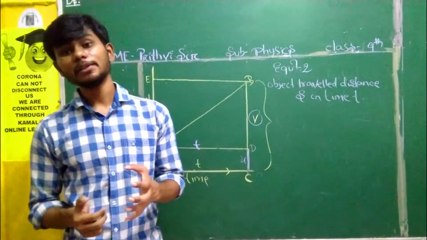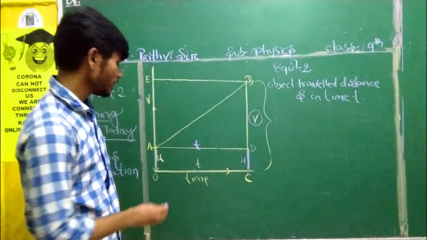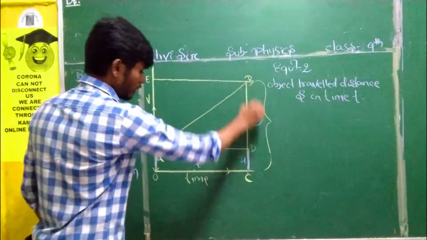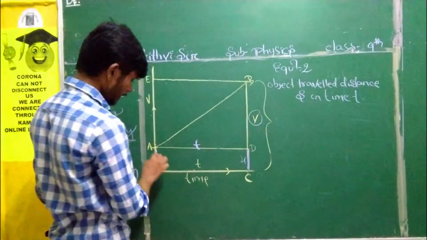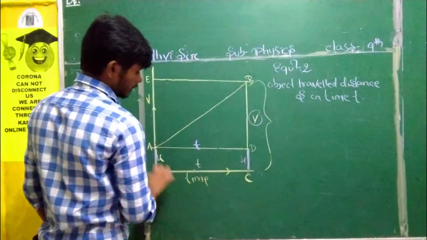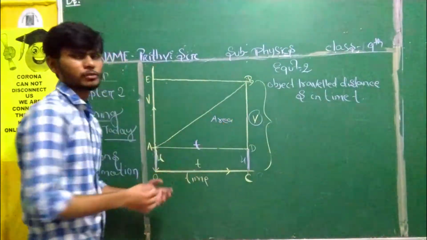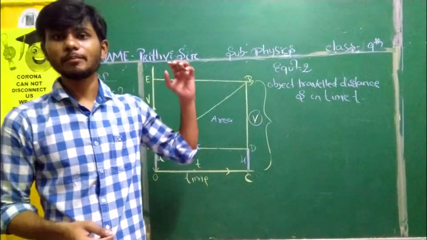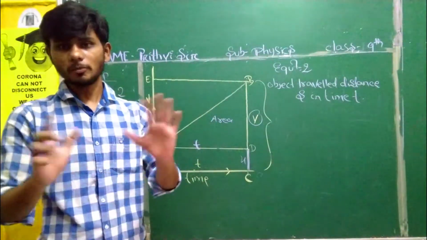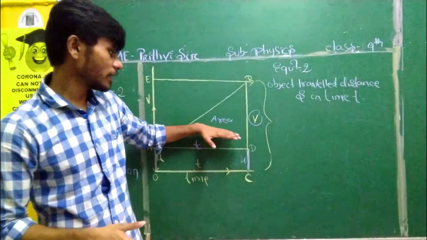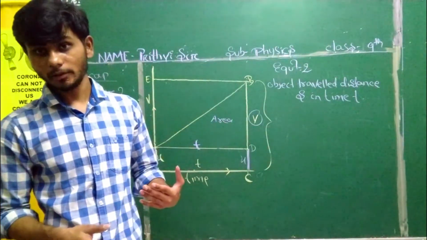So how much distance might he have covered? He might have covered the area OABC, right? This is the area, meter square. This is the most area he can cover, not more than that. So this will be our main point which we need to keep in mind.